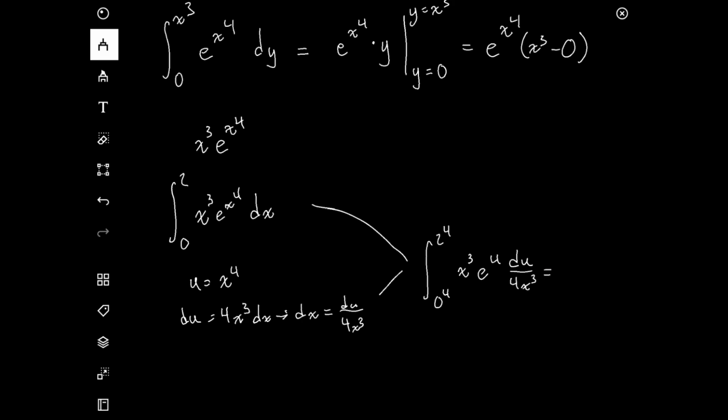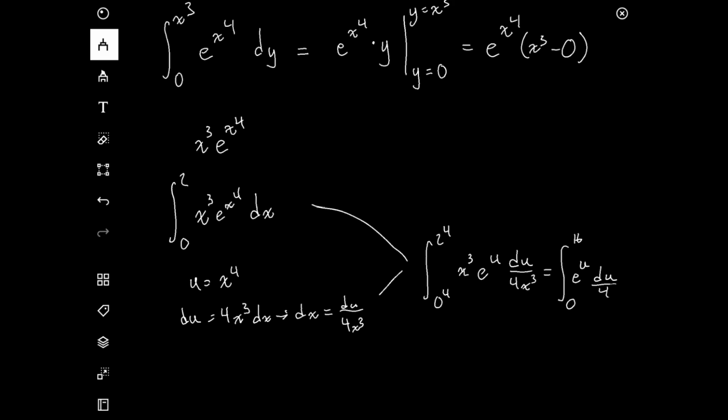All right, let's simplify this. 2 to the fourth power is 16, 0 to the fourth power is 0. x to the third up here cancels out with x to the third down here. So we just end up with e to the u du over 4.